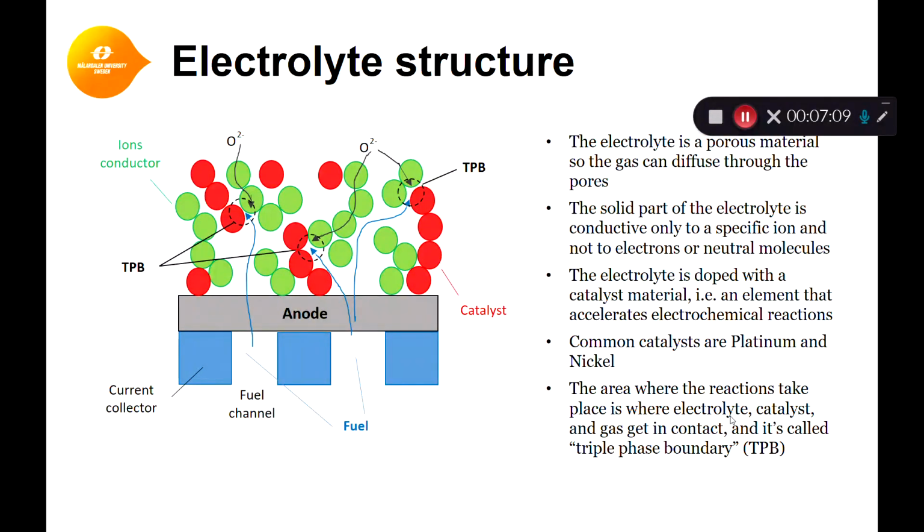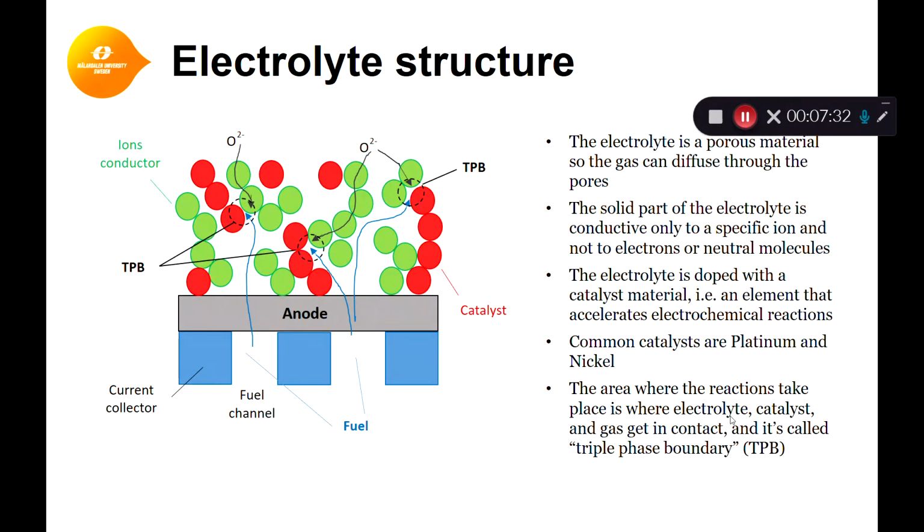So where the fuel diffuses through the pores, it can get in contact with the oxygen ions that are instead passing through the solid material. And everywhere in the electrolyte material, there are also these red balls, which represent another element, the catalyst.